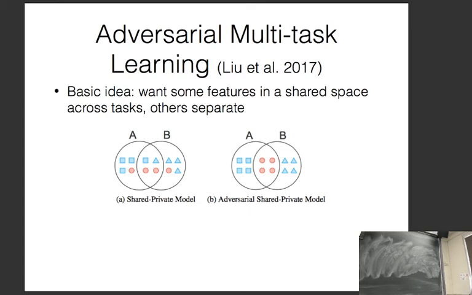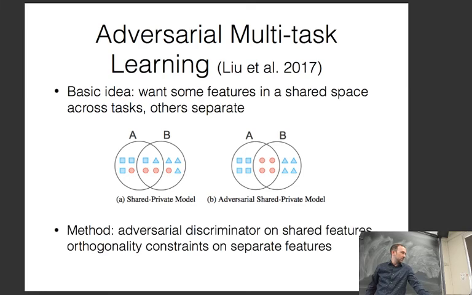So what they do is they have this adversarial shared-private model, with an adversarial discriminator on the shared features to try to push them together. Then they have orthogonality constraints on the separate features to make sure that they're capturing different information from each other. We don't want the private representations to be similar, so you try to force them apart, basically.